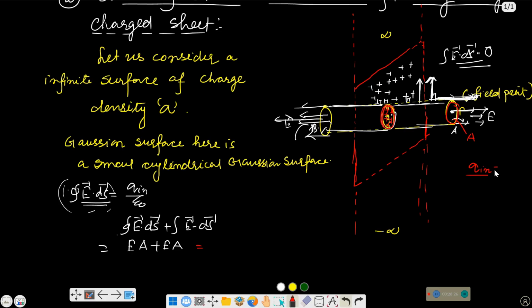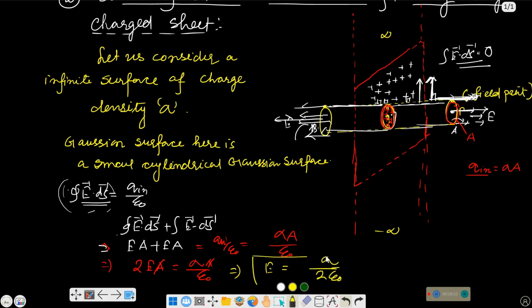Q in is nothing but sigma into A. So Q in by epsilon naught we can write as sigma into A by epsilon naught. This will be 2 into EA equal to sigma A by epsilon naught. This A will get cancelled. Then we'll be left with E equal to sigma by 2 epsilon naught.